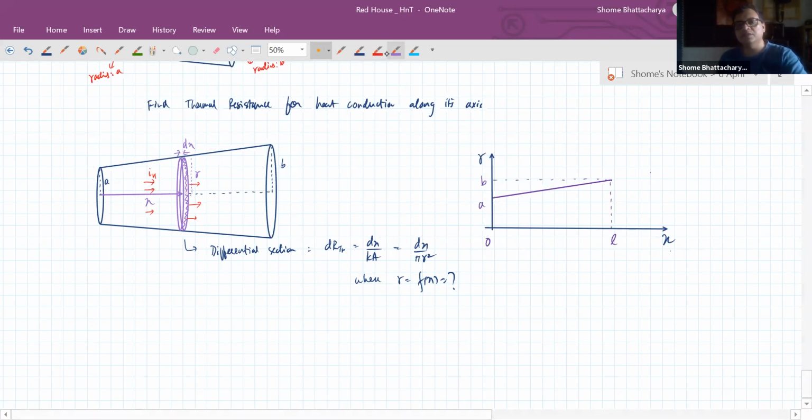So at some arbitrary distance x down here, the value of your radius r will become a plus the slope, that is (b minus a) by L, into x. This is like a y equals mx plus c type of function.